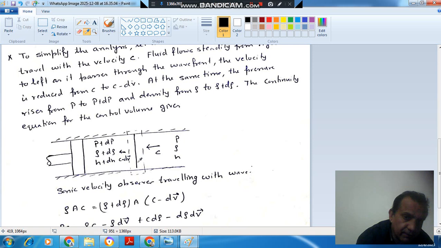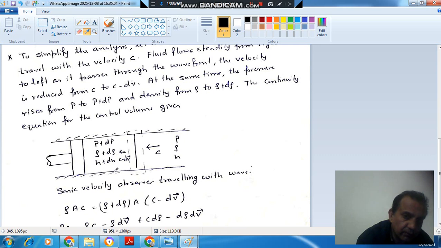So now we are moving with the wave, this gas appears to be moving towards us with velocity c, and this gas appears to be leaving the wave with velocity c minus dv.